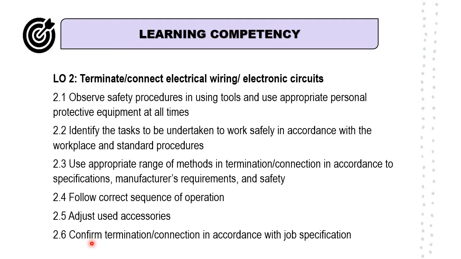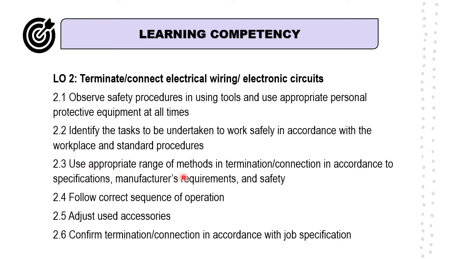Your learning competency this week and for next week is to terminate and connect electrical wiring or electronic circuits. Specifically, here are the competencies. Observe safety procedures in using tools and use appropriate personal protective equipment at all times. Identify the tasks to be undertaken to work safely in accordance with the workplace and standard procedures.